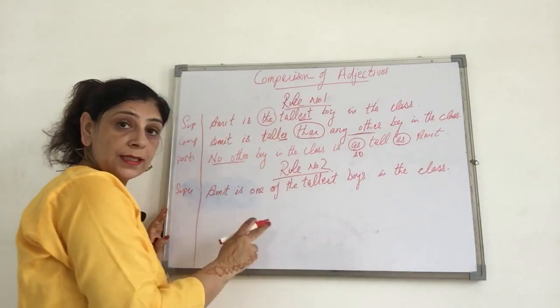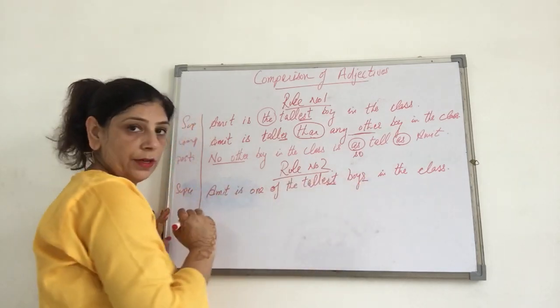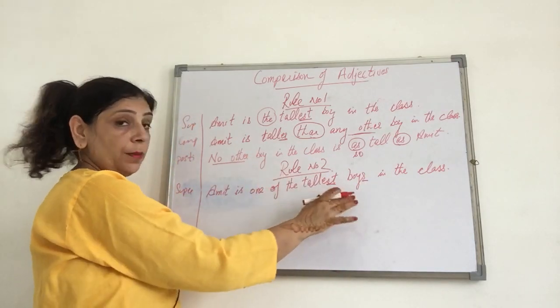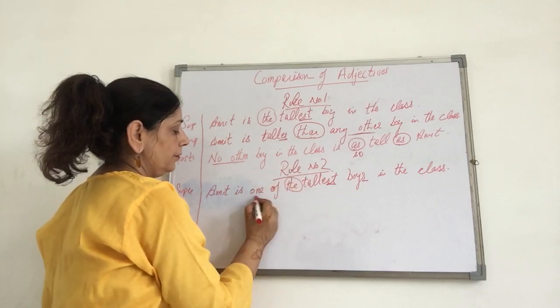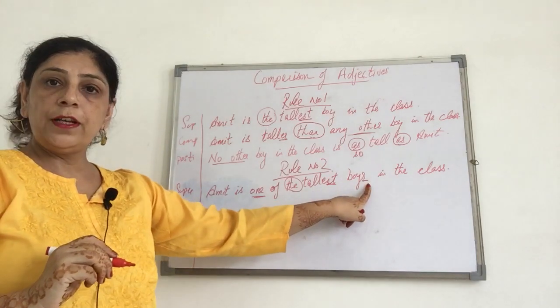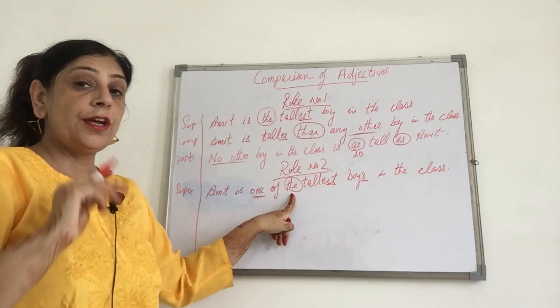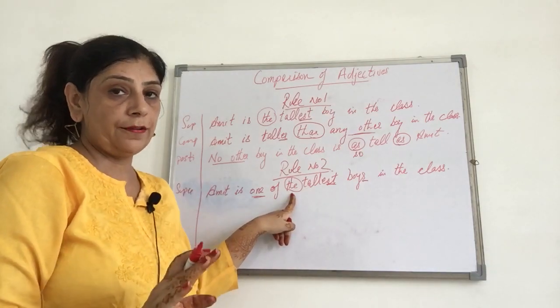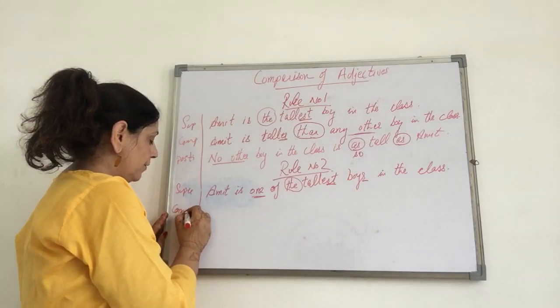What tells us that the sentence is in superlative degree? EST, boys, S over here. These are the words you have to keep in mind for rule number 2. And the compulsory word is the. The words which I have underlined are specifically for rule number 2. And the is this compulsory word which every superlative sentence should have. We know it by now. Then come to comparative degree.